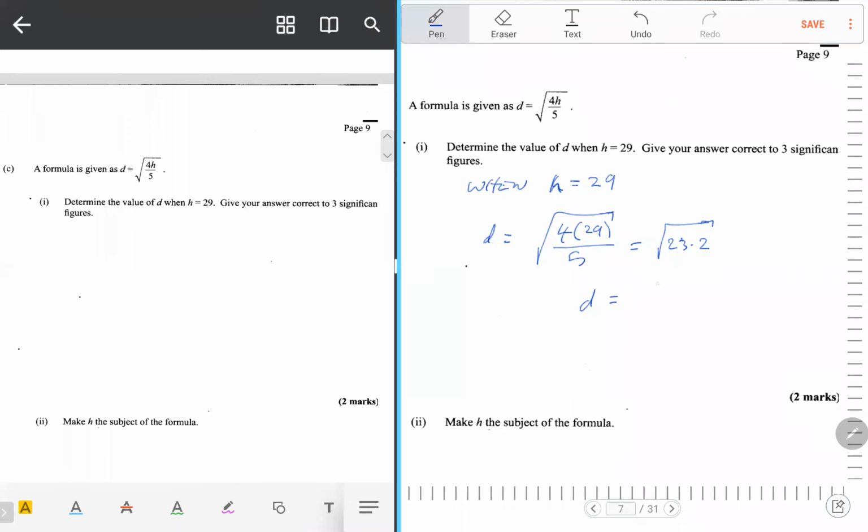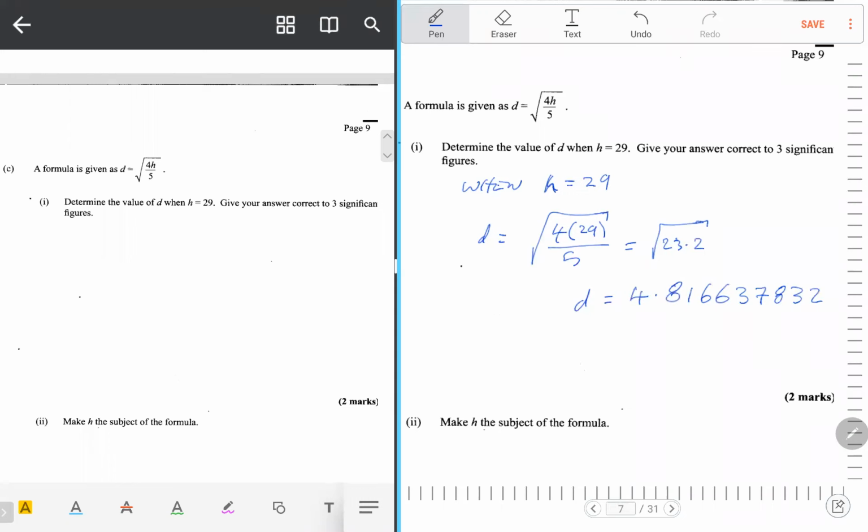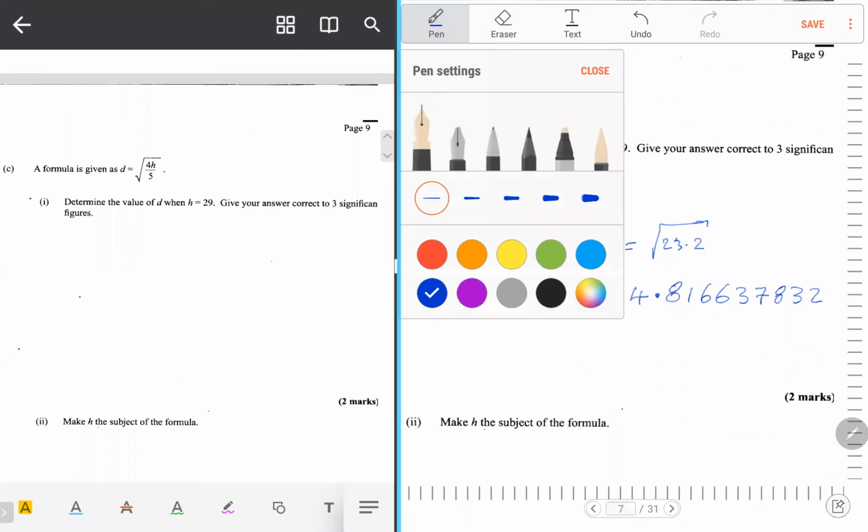When we square root it, we get 4.816637832. That's what I'm getting on my calculator. But the question says to correct to 3 significant figures.